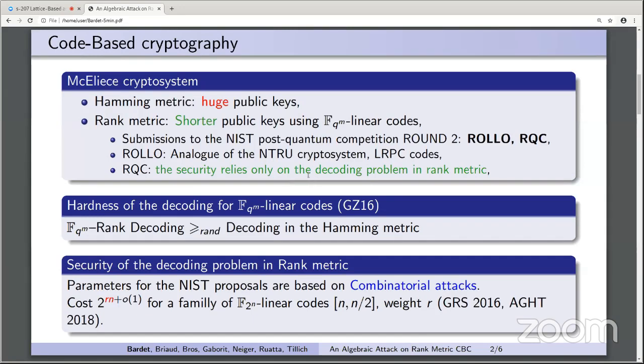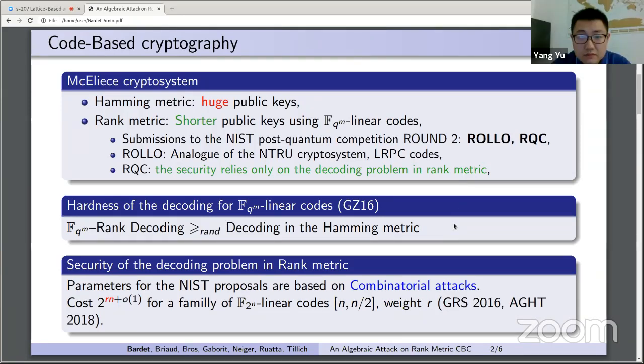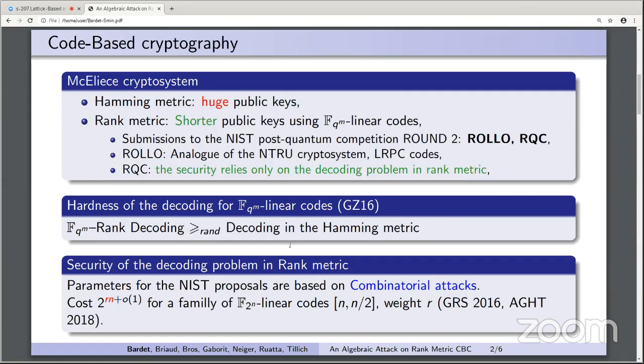So we want to analyze the security of the decoding problem in rank metric. And this problem is a hard problem. There is a randomized reduction from the decoding problem in Hamming metric, which is known to be NP-hard, to the rank decoding problem for F_{q^m}-linear codes. So this is a hard problem.